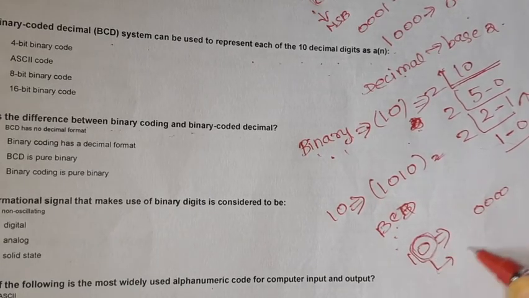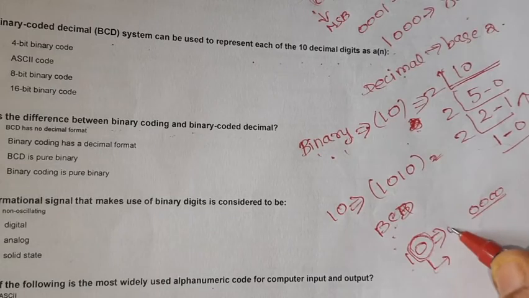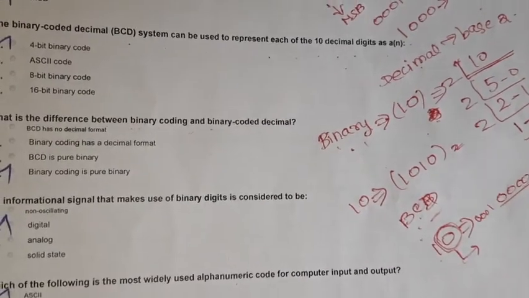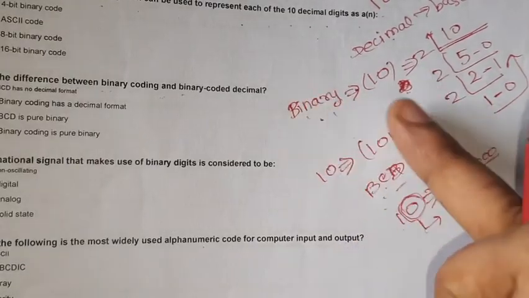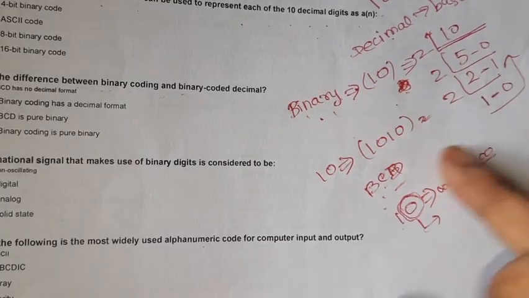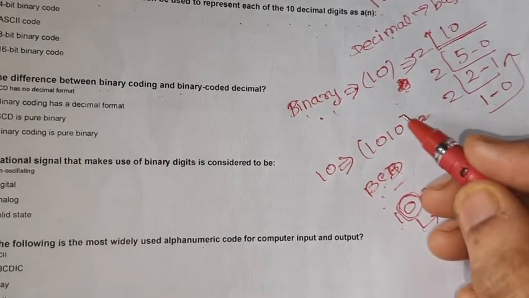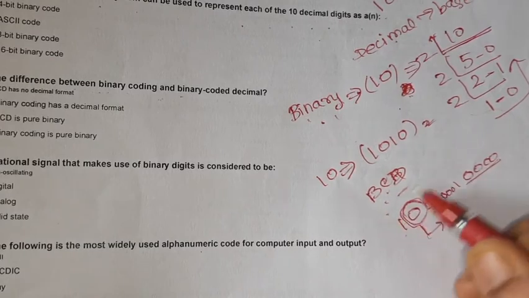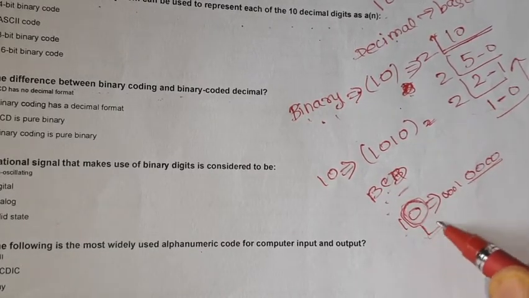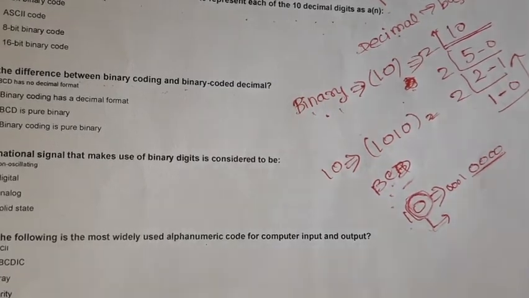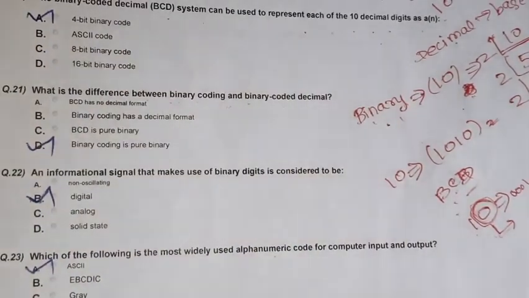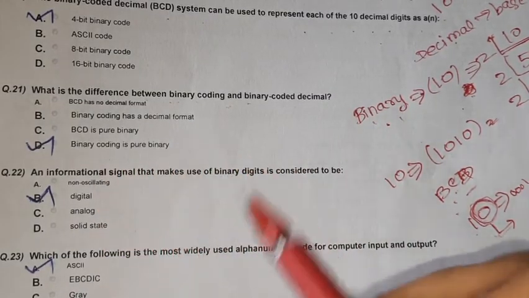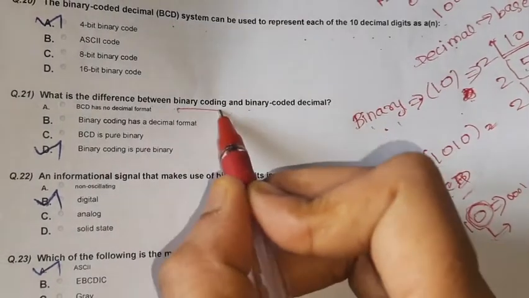Each digit is represented by 4 bits: 0001 0000. This is the difference between BCD and binary coding. For a binary number, we just need the base 2 value. For binary coded decimal, each decimal digit is represented by 4 equivalent bits in binary. So binary coding is pure binary, not BCD.